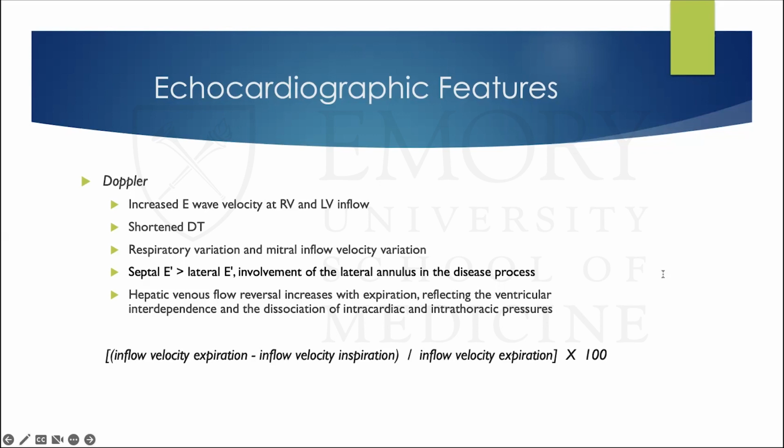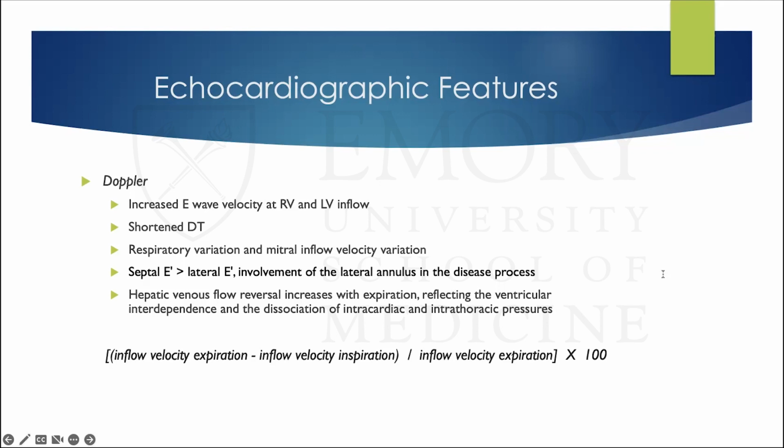The big thing with hepatic vein flow reversal is, if you have a constrictive physiology and you take a deep breath in, you're going to have increased flow on the right side of your heart. The intraventricular septum is going to bow into your LV. You're going to decrease pressures on the left side and increase pressures on the right side. Whereas with expiration, if you take a deep breath out, in a constrictive patient you're going to have increased filling on the left side of the heart.